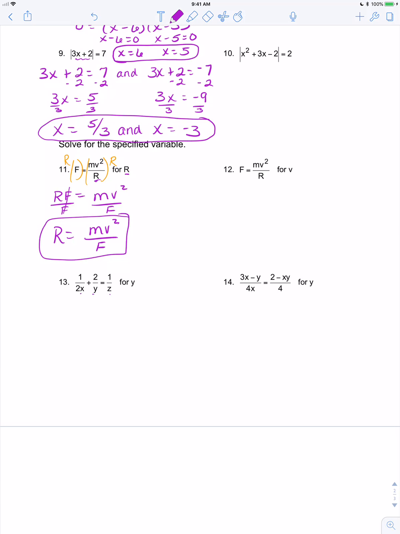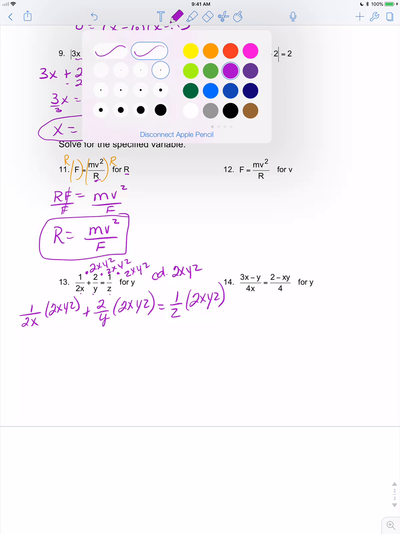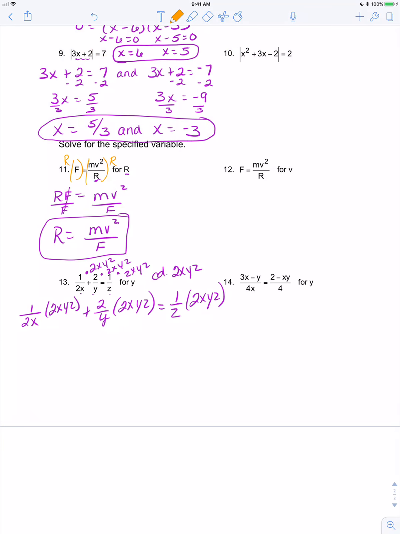All right, so this one's a little bit trickier. Again, we've got these fractions with all these different things here. So that common denominator is 2xyz. So we want to multiply every term here by that 2xyz, and it's going to be just like we did before, where some of this stuff is going to cancel out or create a 1.